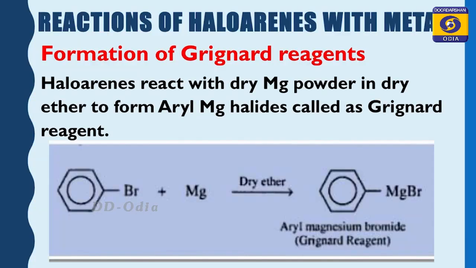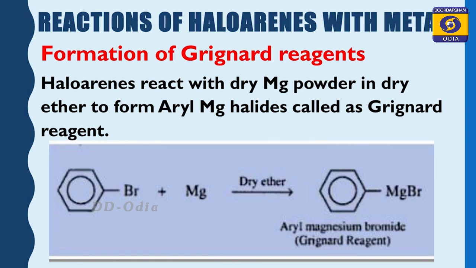And in this series of reactions of haloarenes with metals, now I am going to discuss another important reaction, the formation of Grignard reagent from aryl halides. More or less, I think everybody of you has heard the name Grignard reagent.